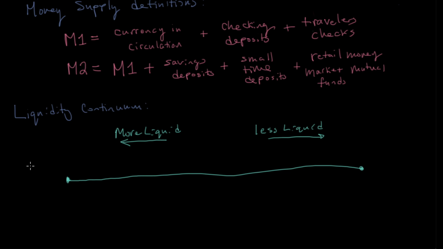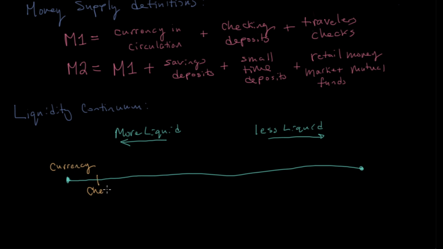The most liquid asset that you could get is just currency itself. So the physical green pieces of paper. Okay, so that's the most liquid. It's the easiest, or the ultimate medium of exchange, if you will. Maybe something that's a little bit less liquid could be checking deposits, for instance.